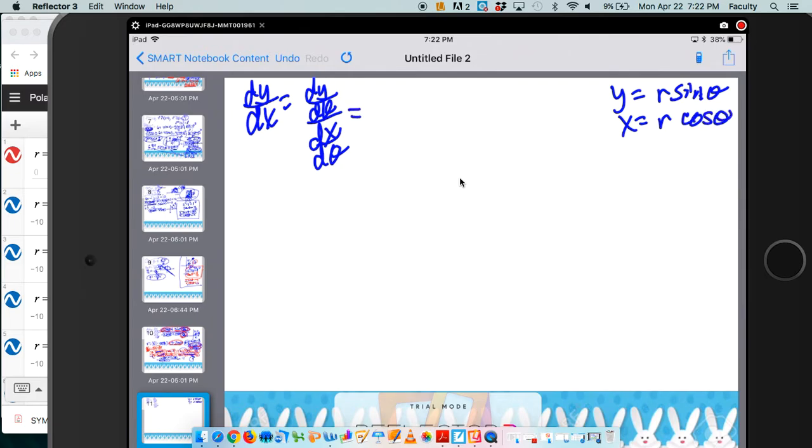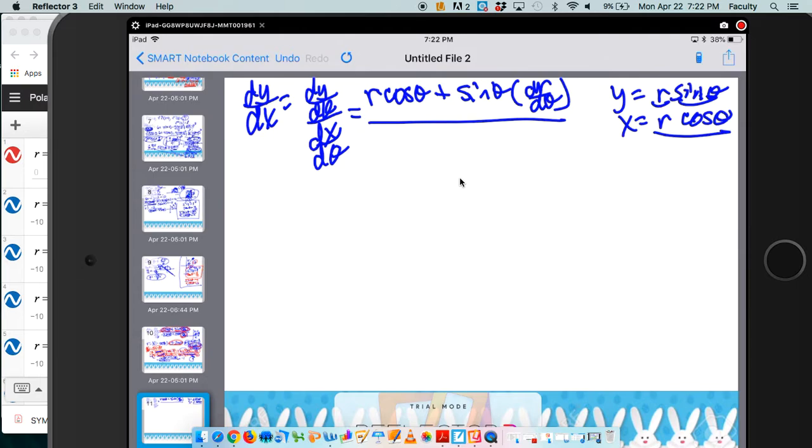So dy d theta was first times derivative of the second plus the second times derivative of the first. I do this every time. dx d theta is first times derivative of the second plus the second times derivative of the first.